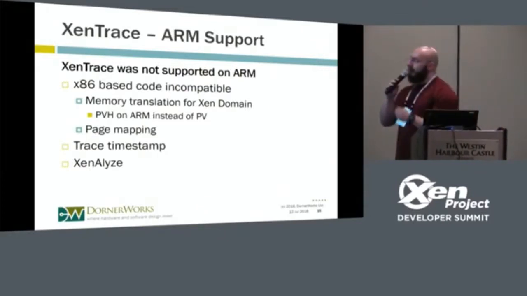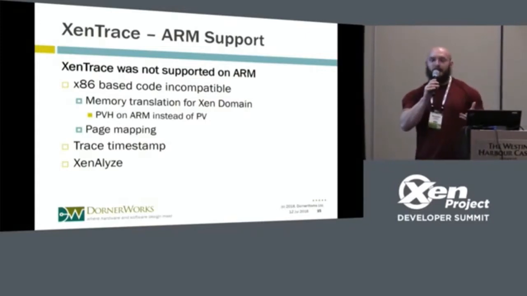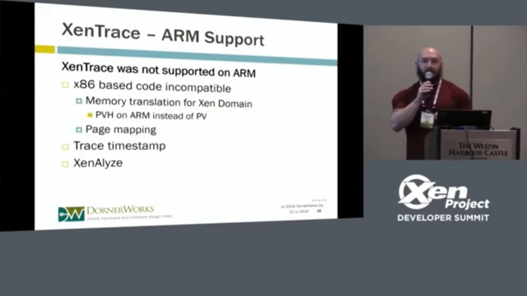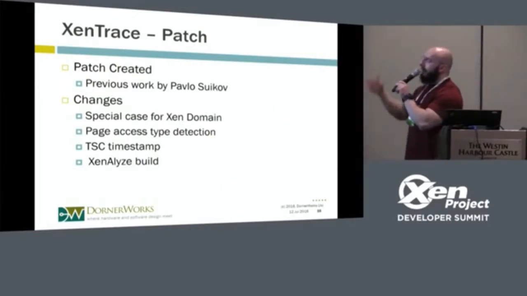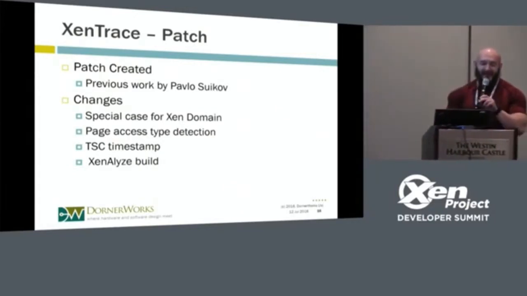Also, Xen-Trace's timestamp wasn't built into the new ARM timestamp routines, and Xen-Elize simply was not being built for ARM. It was actually commented out in the makefile. So we made a patch, based on previous work by Pavlos Sukhov, if that's how you say his last name. I apologize.